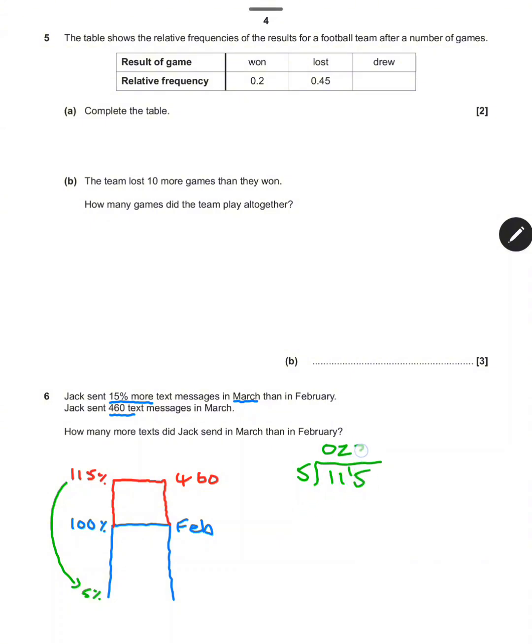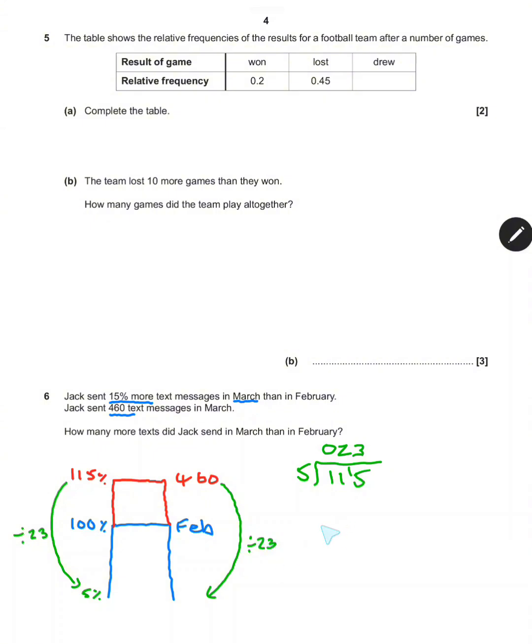And 5s into 15 is 3. So to get from 115% to 5%, I'm dividing by 23. That's why this is a difficult version of this question, because it's not an obvious scale down to scale back up. But anyway, we're going to now divide this by 23.